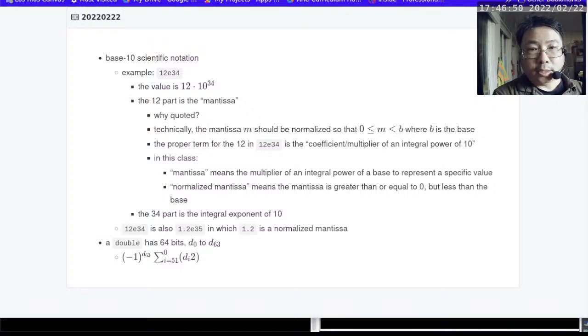That's going to be i minus 52, so that when i is 51, i minus 52 is going to be -1. I'm going to pause here to make sure you understand that this is not your typical way of looking at the bits. You can look at this as everything being shifted. That's one way to look at it.